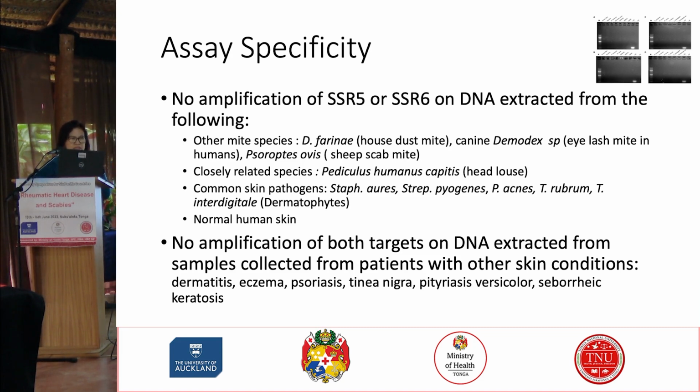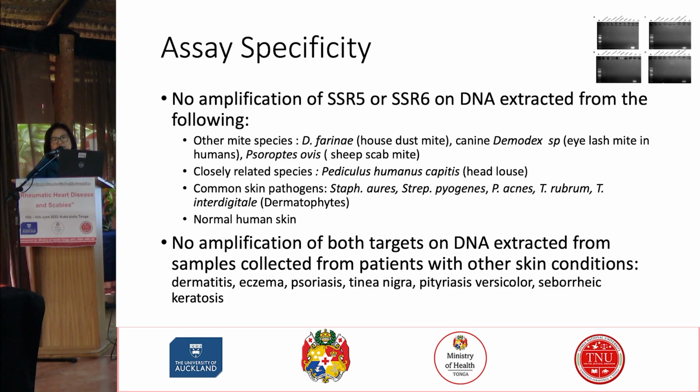We also got head lice DNA, related species, and some common skin pathogens found with scabies, your staph, your strep, and some fungal pathogens that can be found in the skin. And then of course, normal human skin. We amplified these, and of course it's highly specific. Our assay will only amplify DNA from scabies mites. They're all negative, so 100% specificity.